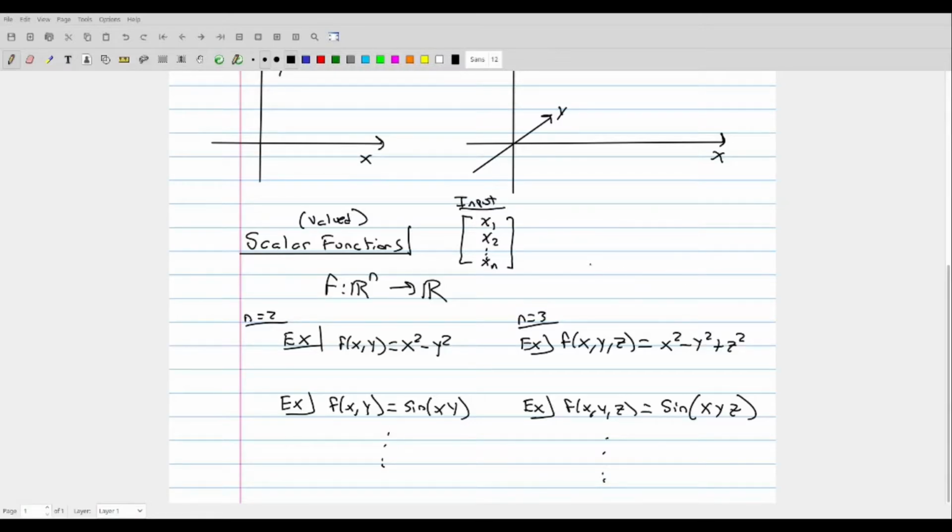The output of this function is just whatever the function value is. Very often I'll say that w is the output, so we'll just use w as a symbol, and this is what the book does. And this is equal to whatever the function is of x1, x2, x3, and so on and so forth.